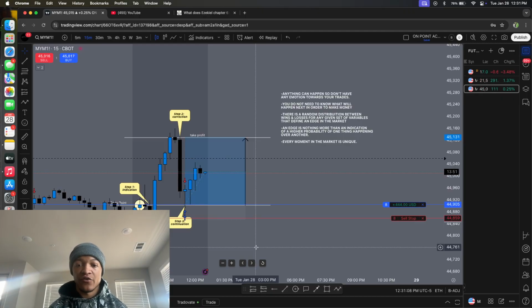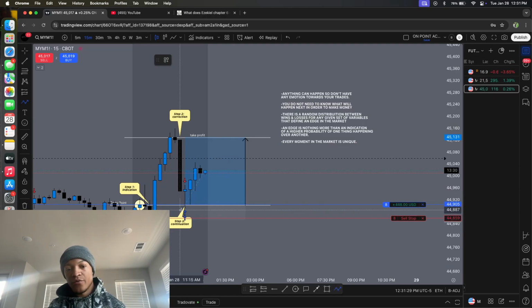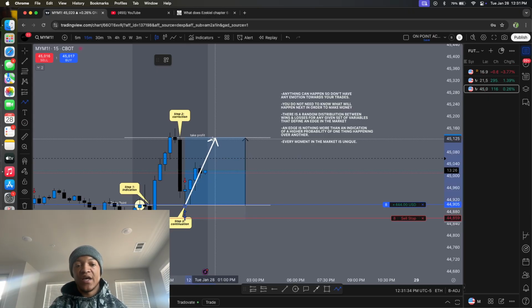Number 3, there is a random distribution between wins and losses for any given set of variables that define an edge in the market. And so what that means is I could take this setup every single time, and that doesn't mean that just because I have success one time that I'm gonna have success the next time. So say if this exact same trade played out tomorrow and I take the trade here again, just because I win on this trade today doesn't mean tomorrow I'm gonna do the same thing.